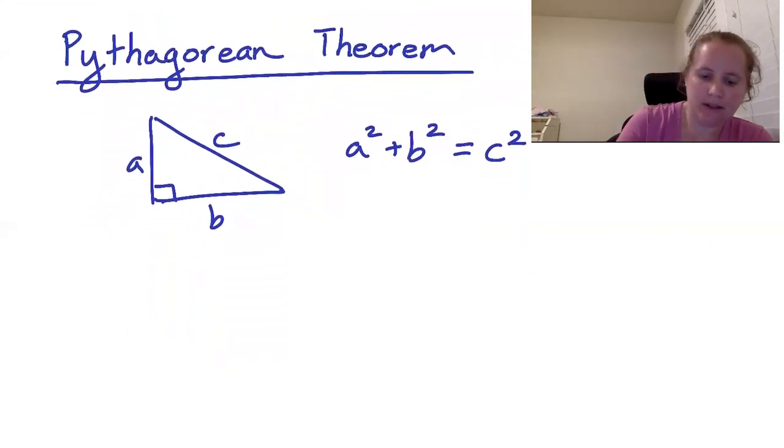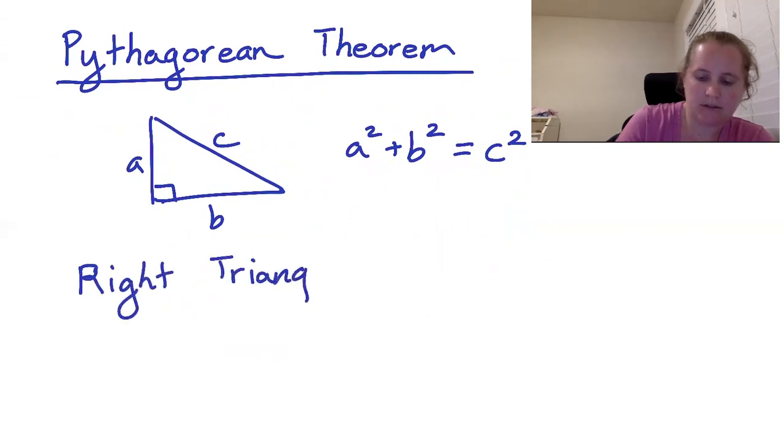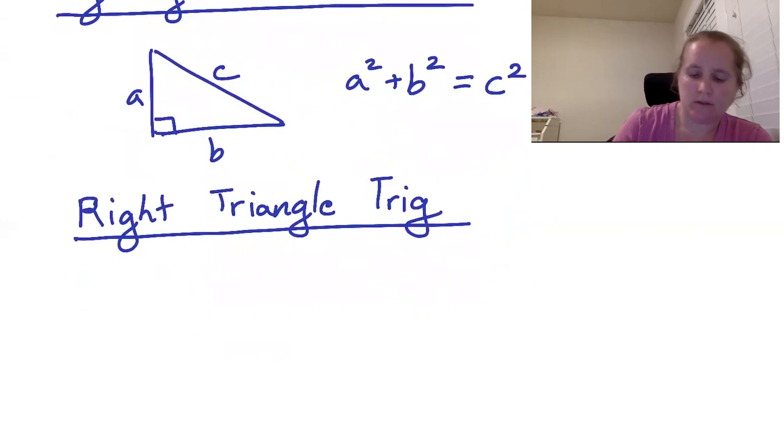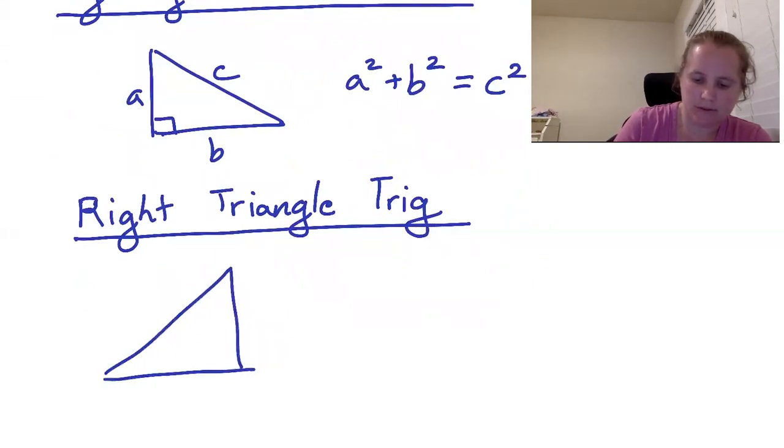You also might need right triangle trig. So if we have our angle theta, I'm going to call this hypotenuse, opposite, and adjacent.